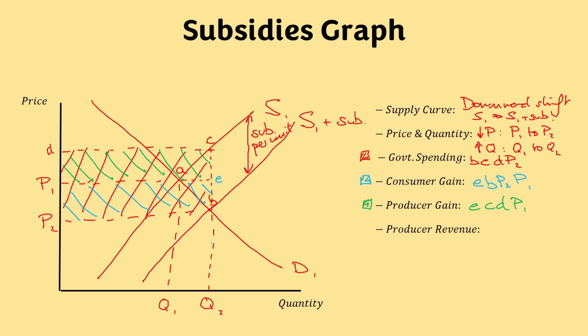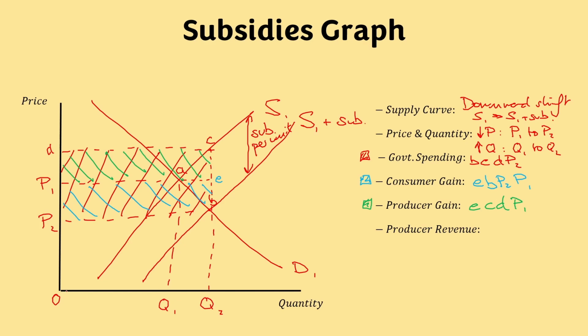Right, excellent. And then the producer revenue, right? So this is key as well. So the producer revenue used to be P1, A, Q1, 0, or origin. It used to be this at the original equilibrium. But now what is the new producer revenue? The new producer revenue isn't P2, B, Q2, 0.